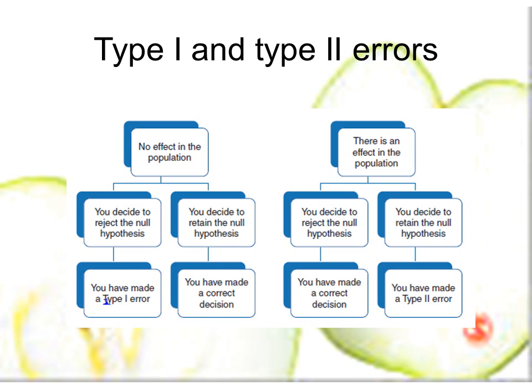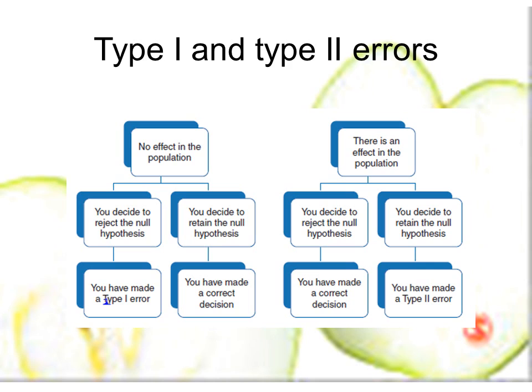Okay. Now, looking at the pictures on the right, you're going to say if there is an effect in the population, there really is an effect, and you decide to reject the null hypothesis, meaning you're saying, yes, there is a difference, then you've made the right decision.